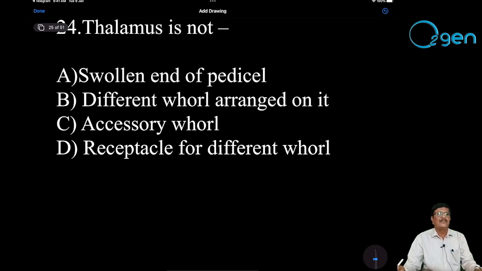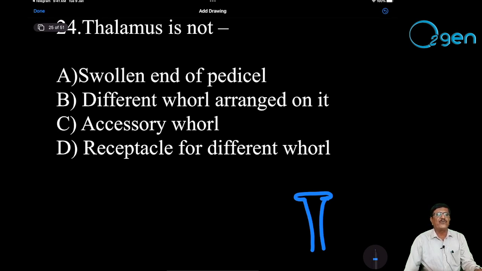Next, thalamus is not. Thalamus is the swollen end of a pedicel. The stalk of the flower is called pedicel. It ends in a flat and swollen region, that is called the seat of the flower. So, swollen end of a pedicel, that is correct.